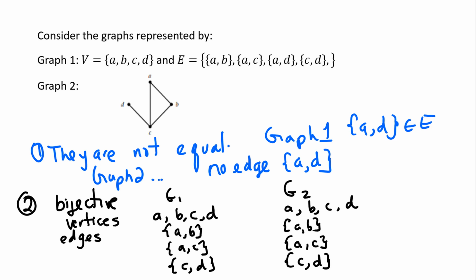The issue happens when I look at this and realize that I have an edge AD in graph 1 that I don't have in graph 2, but in graph 2 I have BC. And so we could rename the vertices to make them be a better fit. And the one thing that's left to do is count the degrees of the vertices.